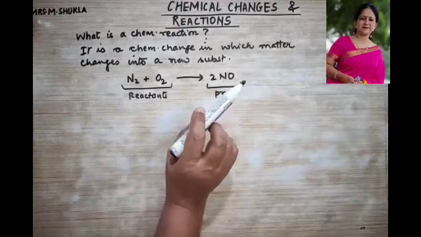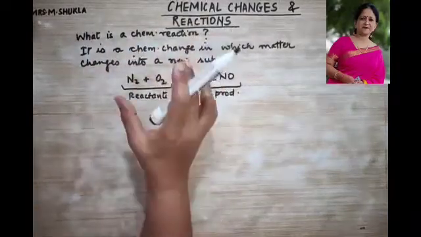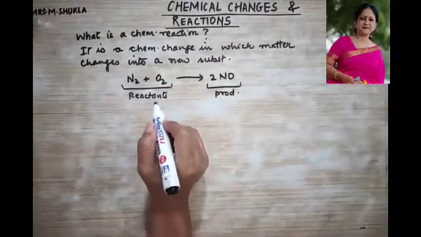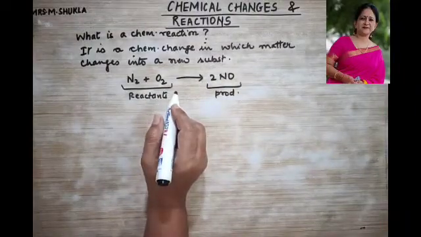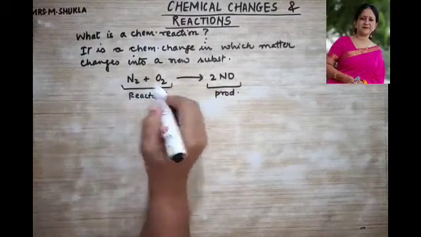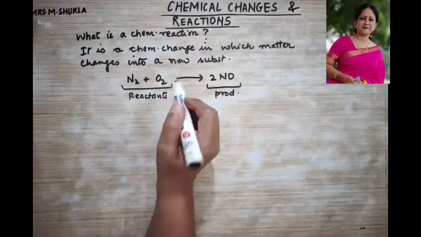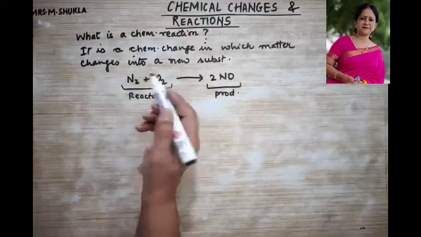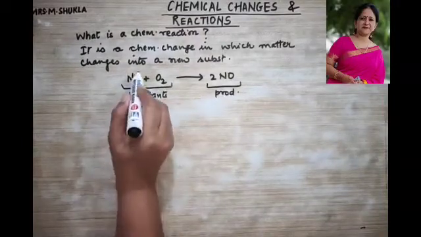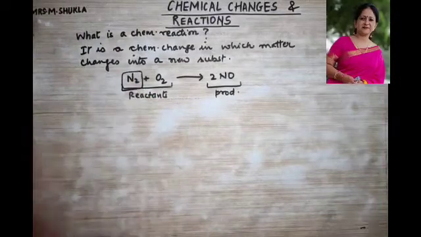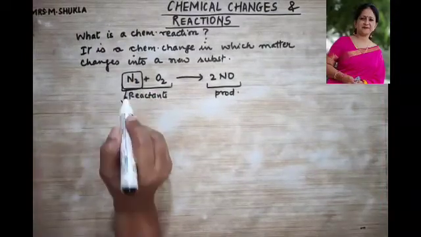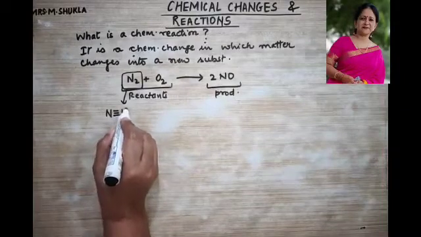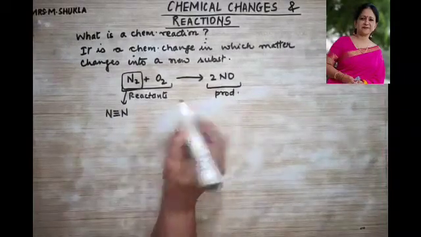I hope this is very clear. Now, what is the procedure of this chemical reaction? How do these chemical reactions take place? So this is what I am going to explain next. During a chemical reaction, you know what happens? The bonds of the reactants break. Now, how do the bonds break? Nitrogen combines with another atom of nitrogen with 3 bonds.